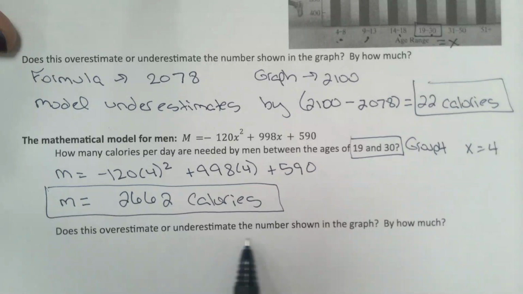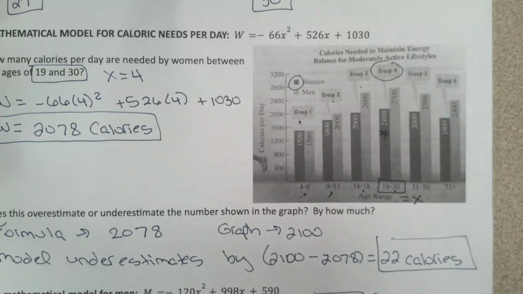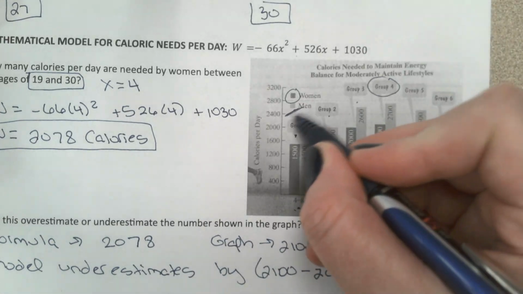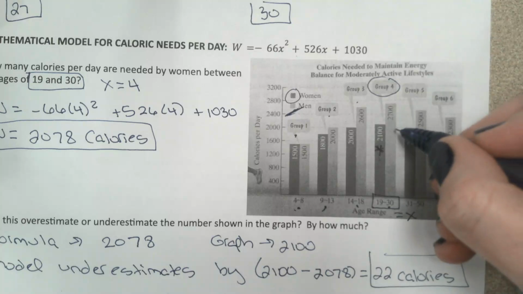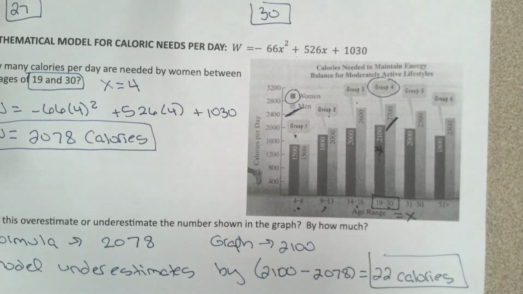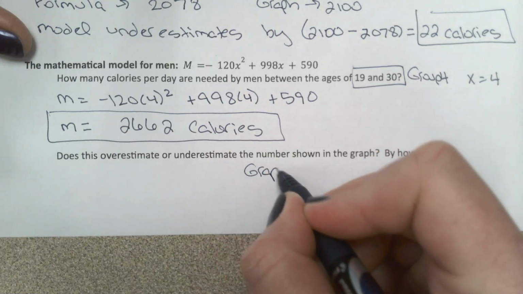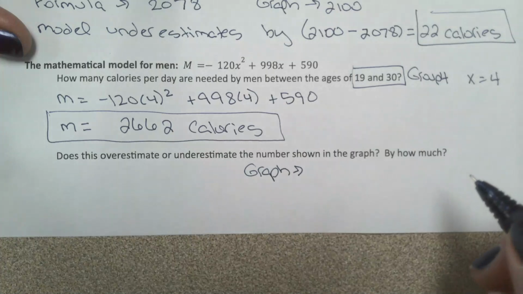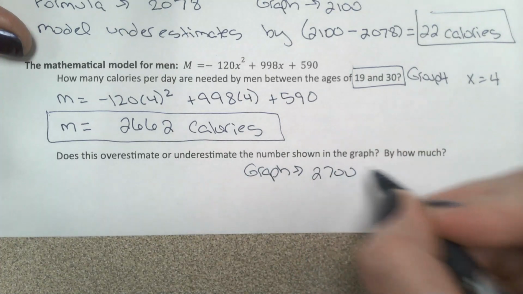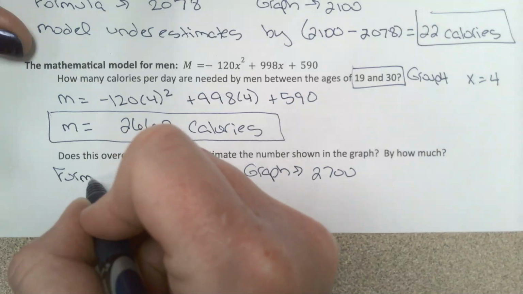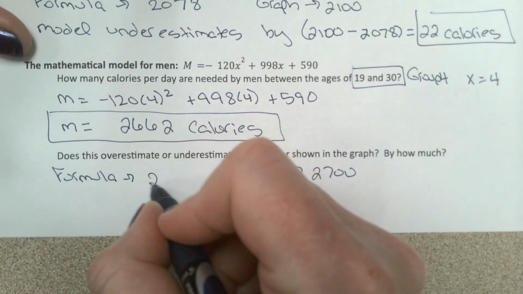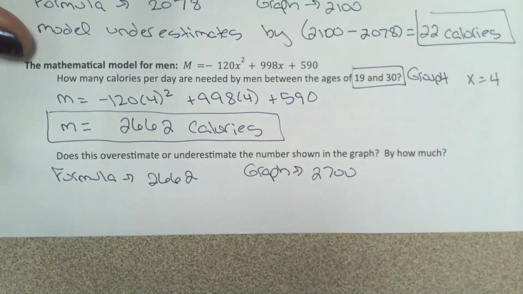Does this overestimate or underestimate by the graph? So the men are the lighter shade right there. In group 4, the men need 2,700 calories. So the graph says 2,700. The formula says 2,662.